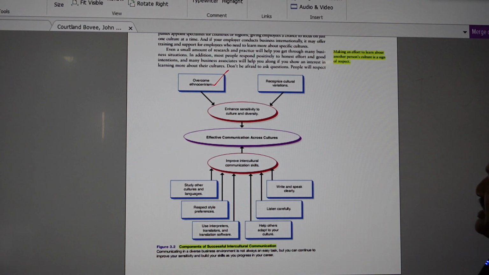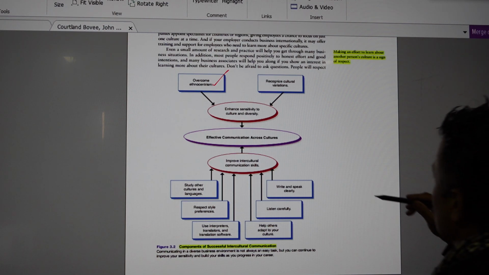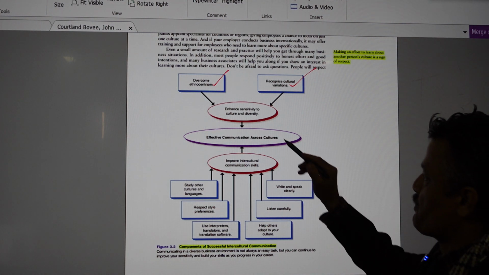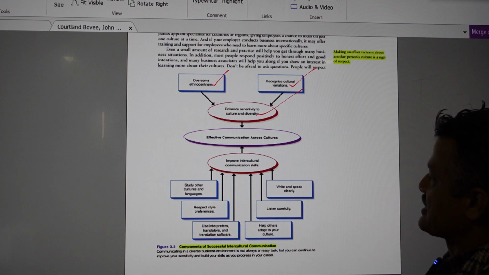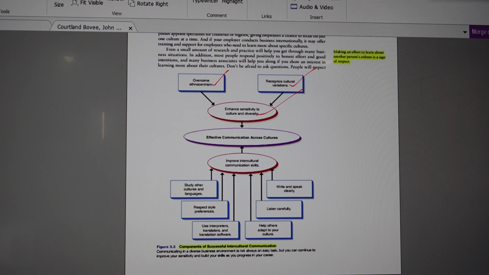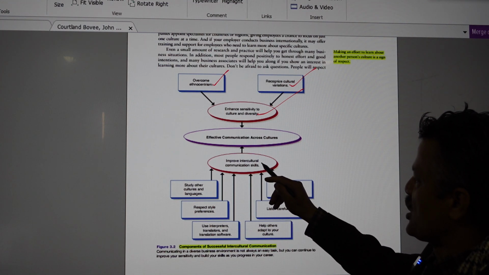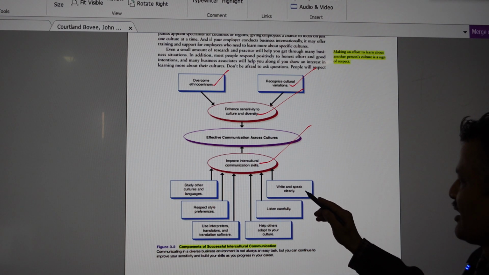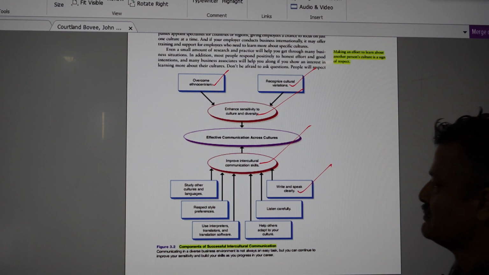Overcome ethnocentrism. Do not assume that your culture is right and their culture is wrong. Right? Second, recognize cultural differences. Be sensitive to cultural diversity. Improve your intercultural skills. Write and speak clearly.